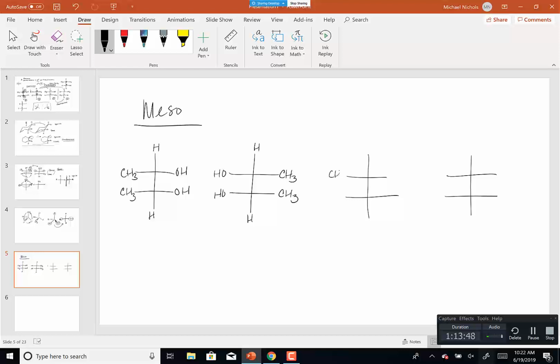So we'll take the top carbon's configuration from the first molecule, and we'll take the bottom configuration off the second molecule to write compound C. And then for D, what can I do? I could just write the mirror image of it.